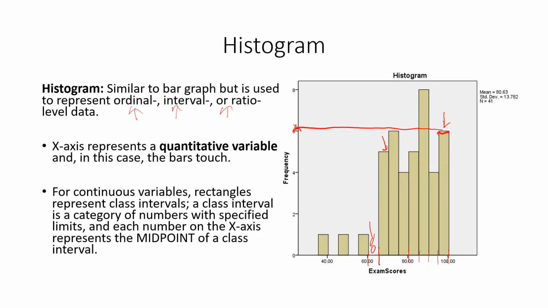And if you've got continuous variables instead of discontinuous, like these exam scores were all discontinuous. If you recall, what that meant is basically you could only have whole scores. You couldn't have decimals. But if it's a continuous variable, what is represented down here is the midpoint of a continuous variable, or of a class interval, which I'll explain in a little bit.